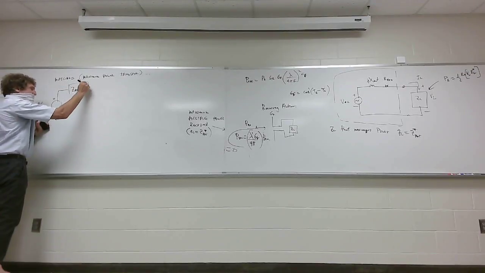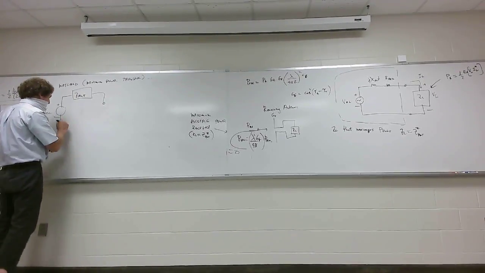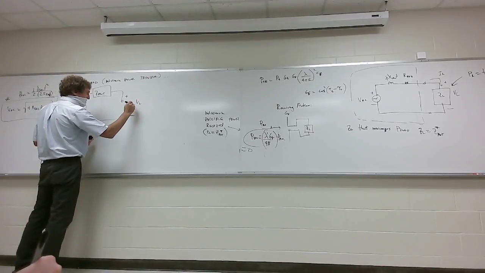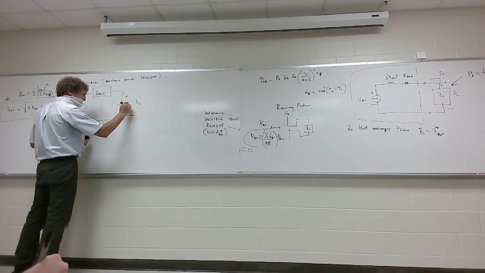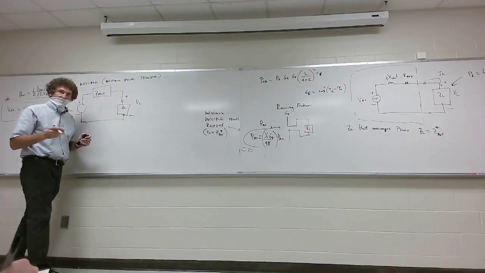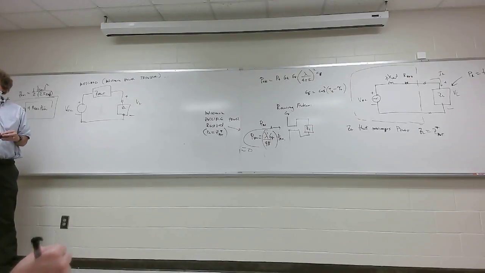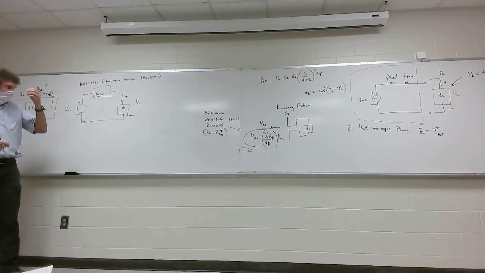That's internal. And now you hook up the load. This is the actual load that's measured. This would be V load. And now you put up Z load. With me? Now, if I wanted V load here, and this is going to be the peak value, what would it be? Just take a look.